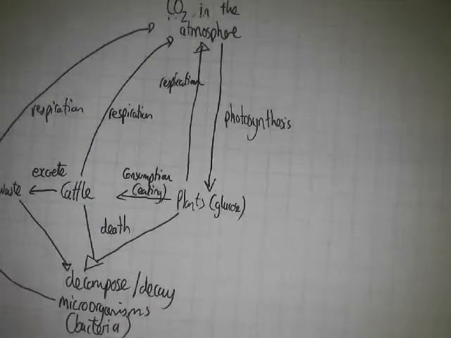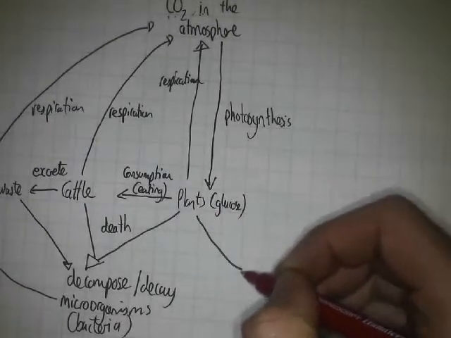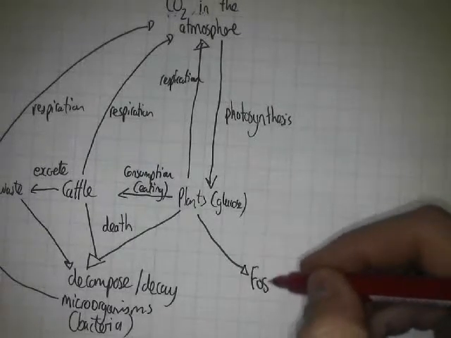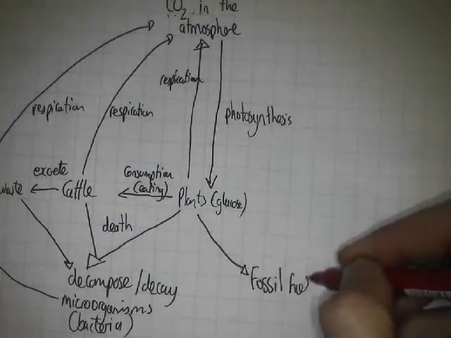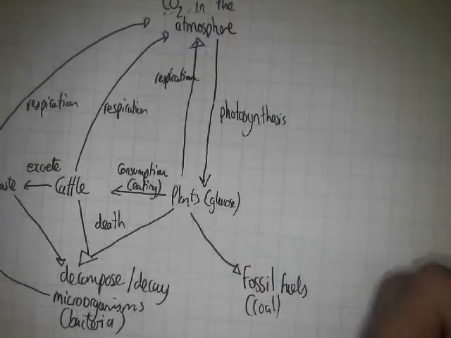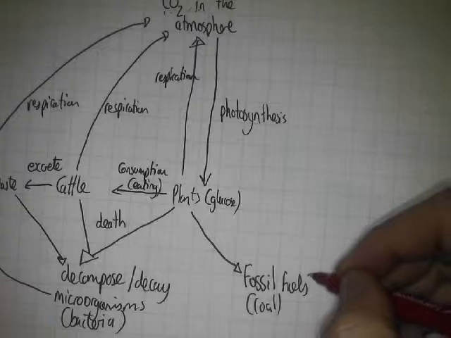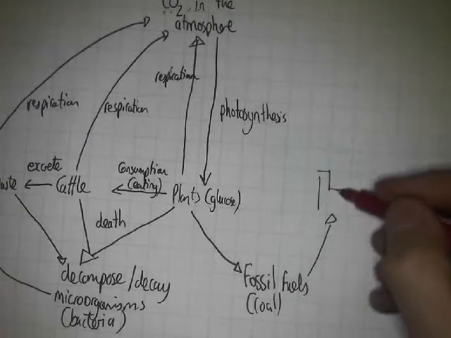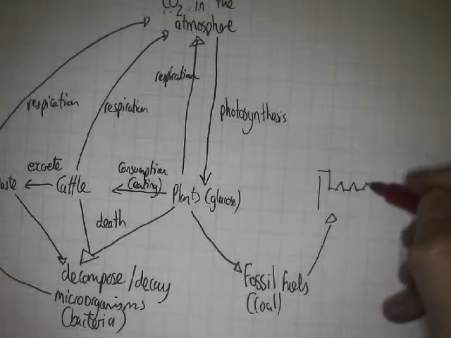We do need to mention one more thing. Plants, over time, millions of years, could form fossil fuels. What, like coal? And they could be put into, this is my factory.